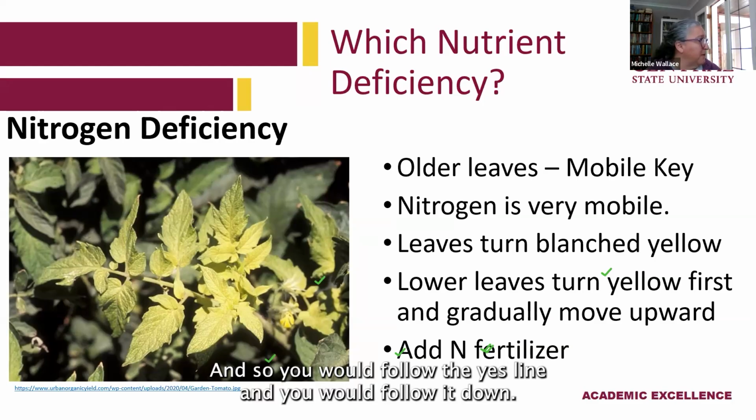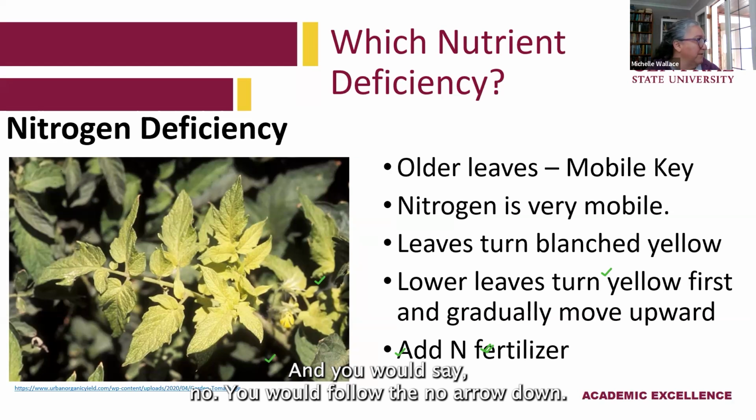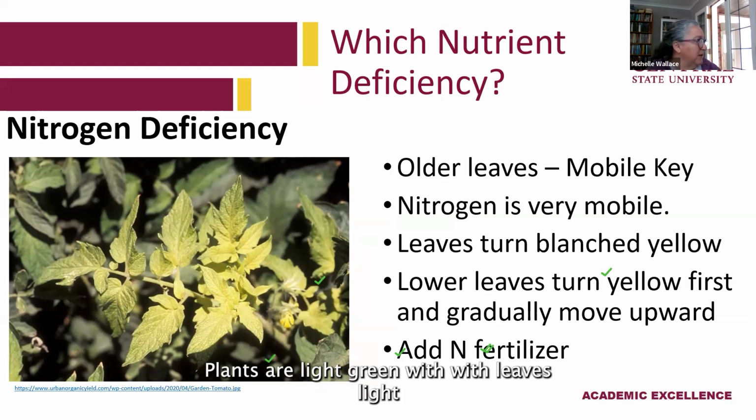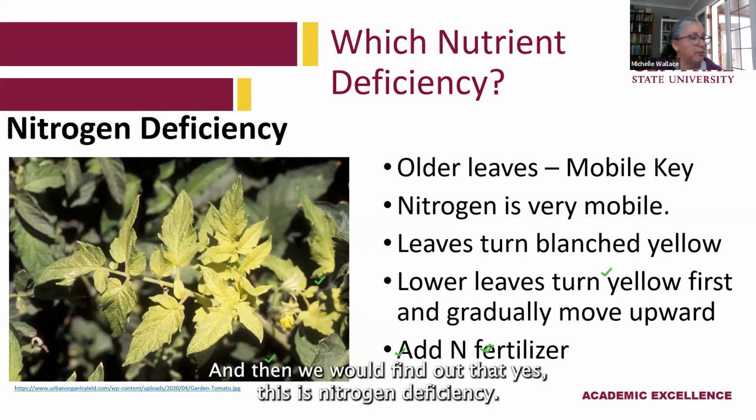Plants dark green often becoming purple or red? You would say no, so you follow the no arrow down. Plants are light green with leaves light green or yellow, no necrotic spotting? We would say yes, and then we would find out that yes, this is nitrogen deficiency.